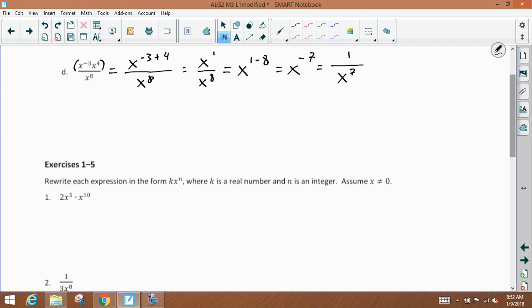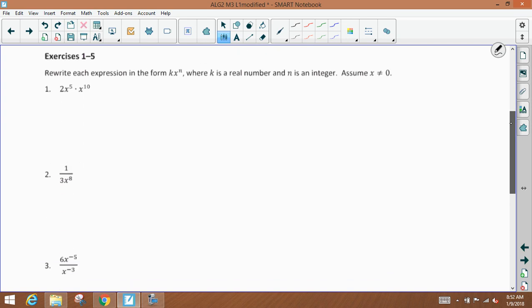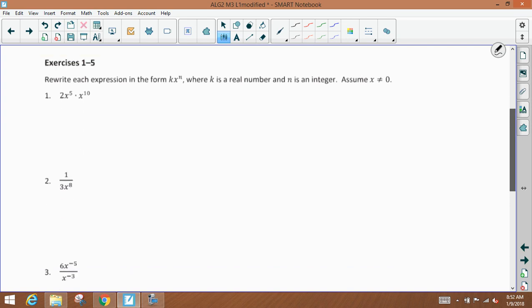Okay, what in the world do these instructions mean? It says write it in the form k times x to the n, where k is a real number and n is an integer.